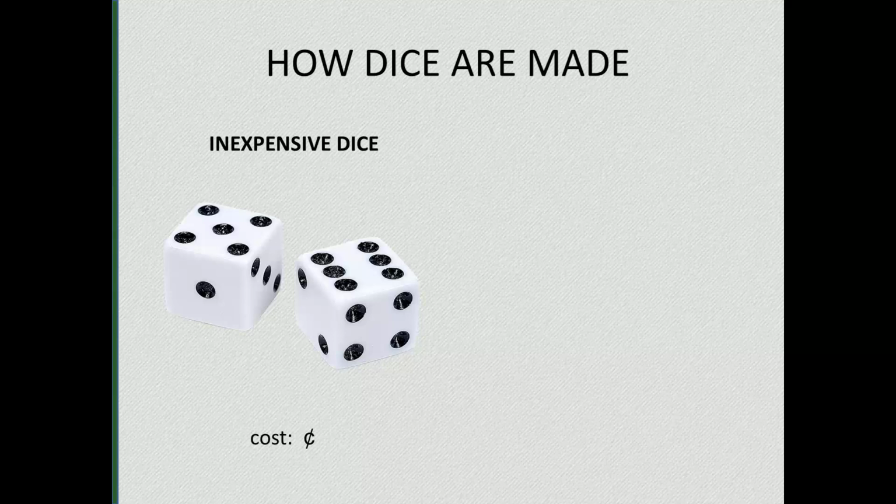Notice how they're constructed. The 1 is opposite the 6, the 2 is opposite the 5, the 3 is opposite the 4. And since the 6 side has 6 holes in it, and the one side opposite it only has 1 hole in it, the one side is heavier. And so that die is not exactly balanced.